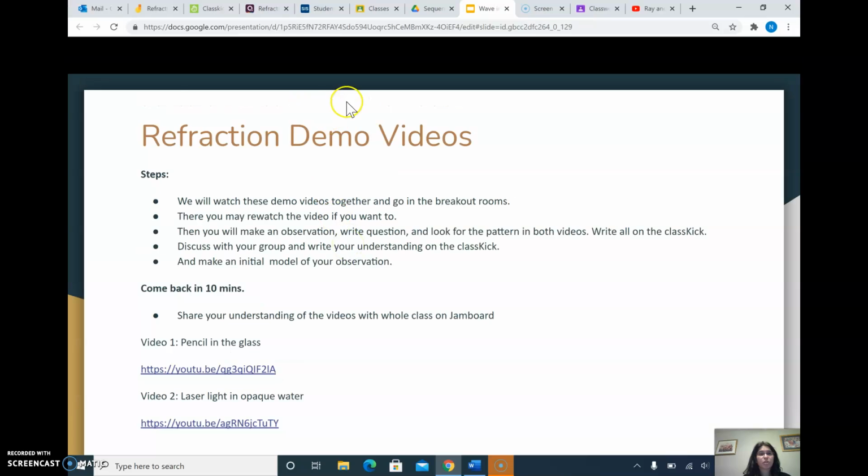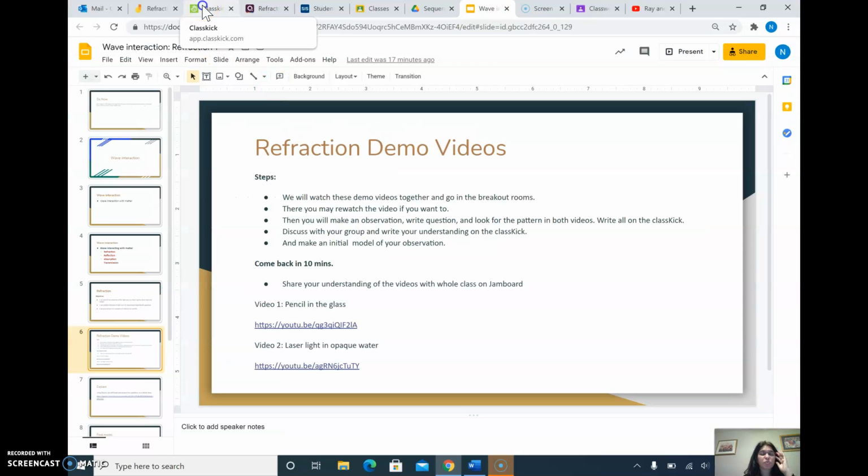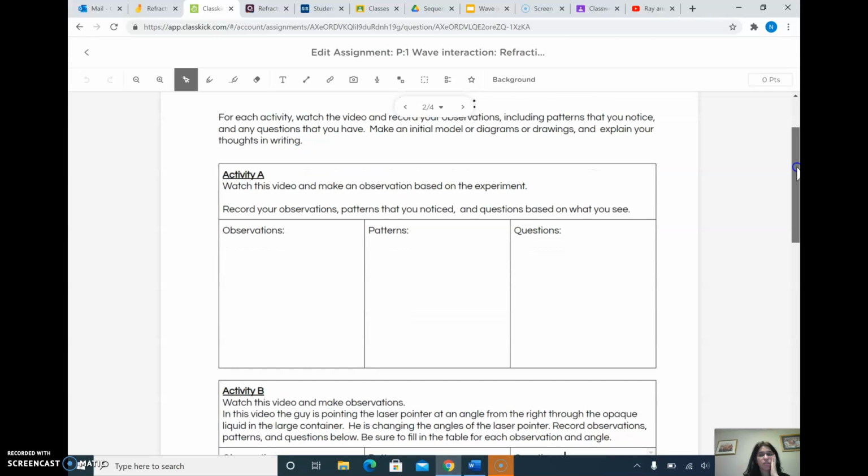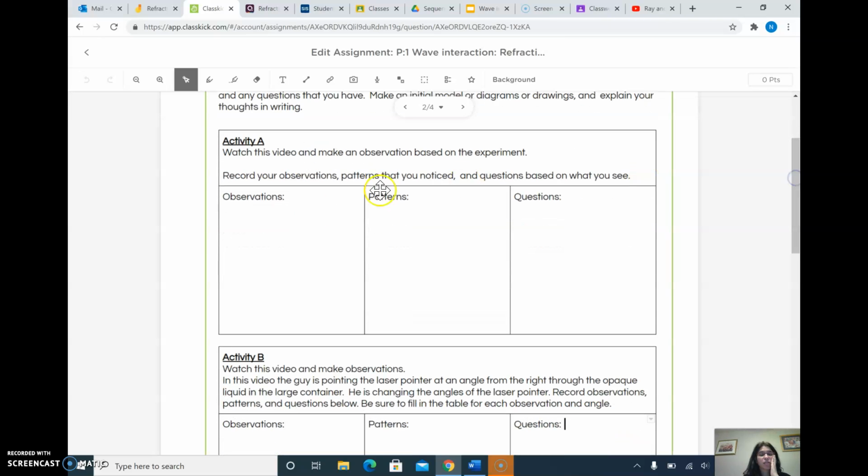Let me show you here. The assignment is posted in Google Classroom, so you will be going on Classkick. You will be checking this refraction sheet. After watching the video, you will make observations and write questions here. Then in the second activity also you will observe, make questions, and see the pattern between the two videos.